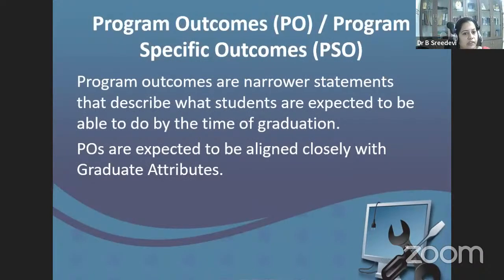Here I have not defined PSOs. PSOs are specific outcomes which I gain from the field of my program. Either it may be computer science or mechanical or triple E, but it should be justified properly.